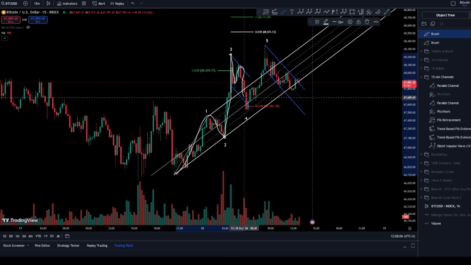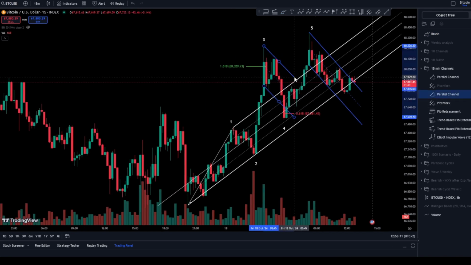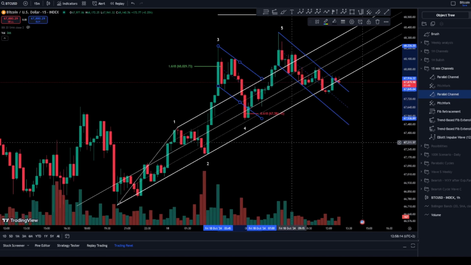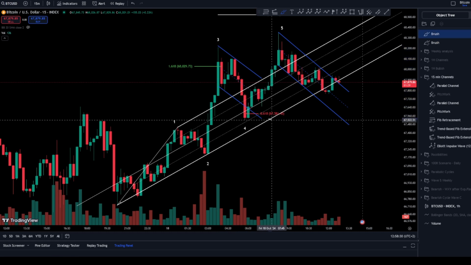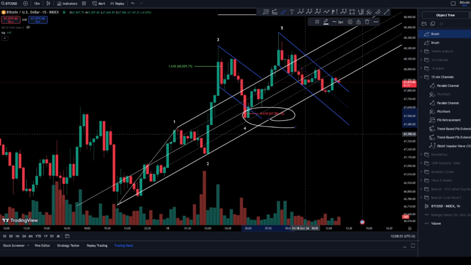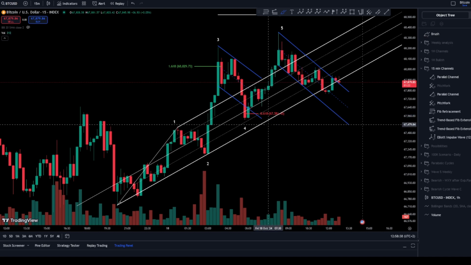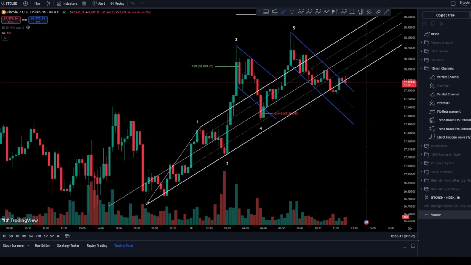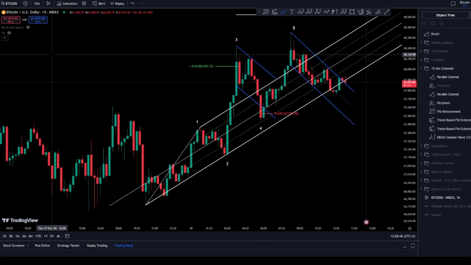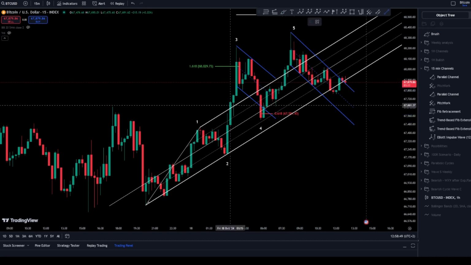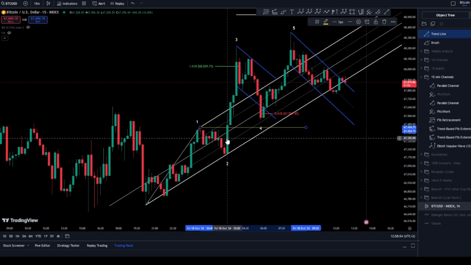Very, very beautiful. However, look at your corrective channel here. The corrective channel has been broken. It went very deep towards the downside, even touching the 0.618. And this is what I want to show you here, guys. Finally, we got a live example on our trading chart where we can see a hit of a 0.618, but it was not invalidated because we did not hit the wave 1 zone for an impulse.